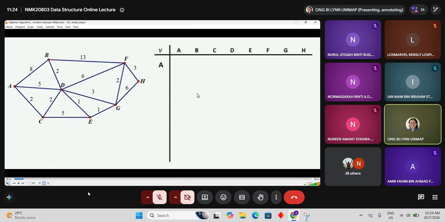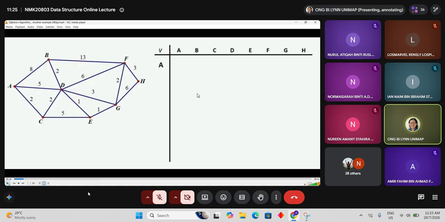Okay, ambil perhatian. Untuk Dijkstra, you have some theory questions. Di mana soalan satu itu sebelum dia minta kamu buat Dijkstra, mungkin dia akan minta kamu list down the steps of Dijkstra.